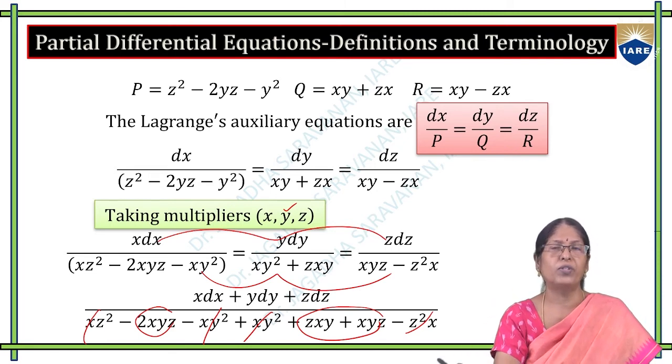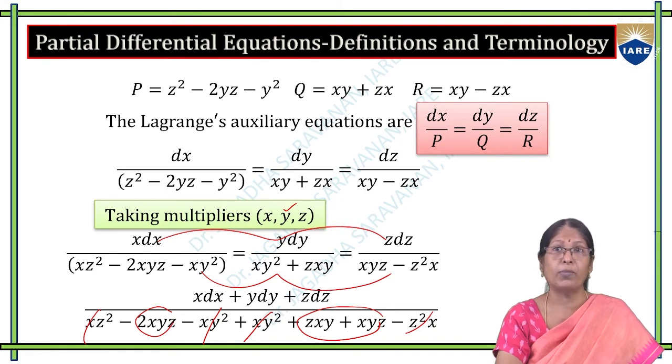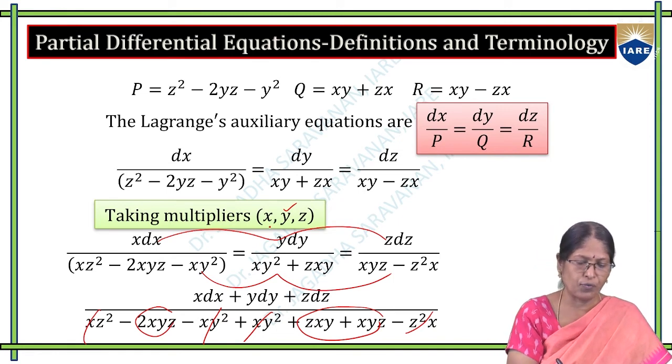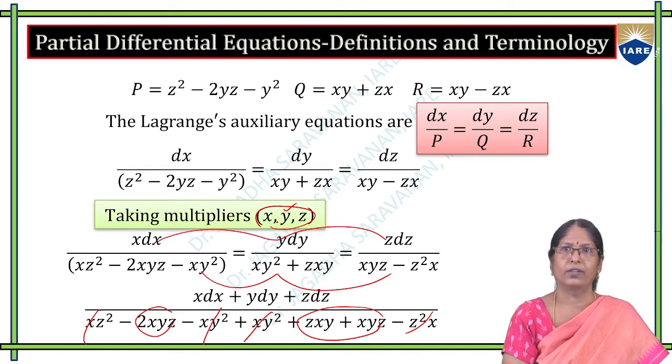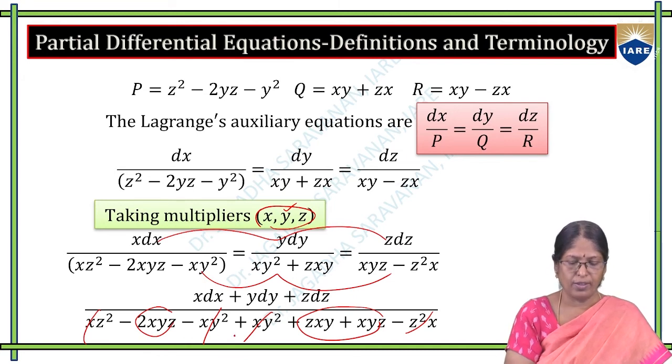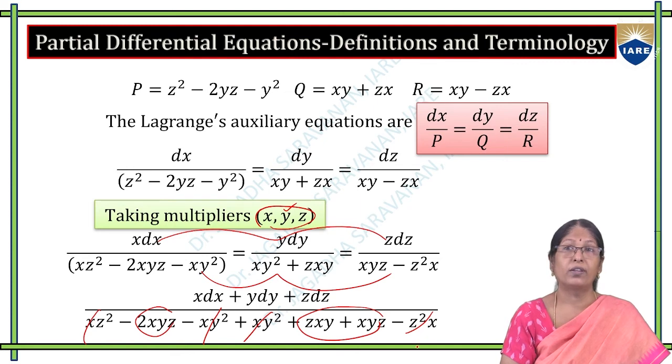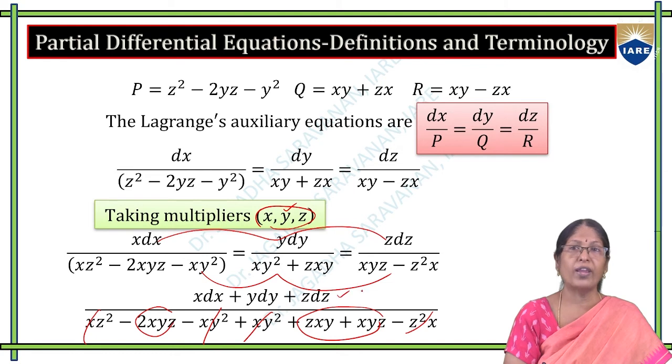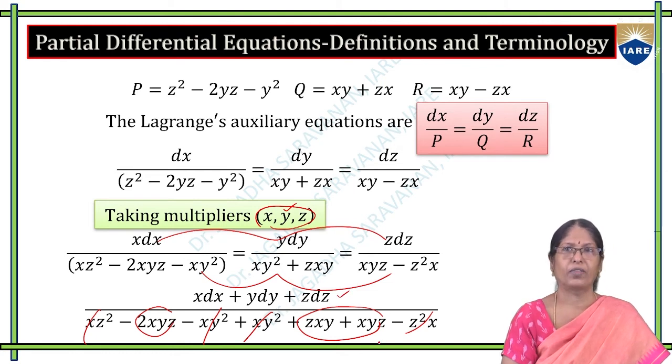The terminology related to our Lagrange's multiplier, the selection of this, whatever can be selected, but after doing the multiplication, this denominator should be equal to 0, then we can integrate the numerator. So when we integrate the numerator, what we obtain after integration is the solution.